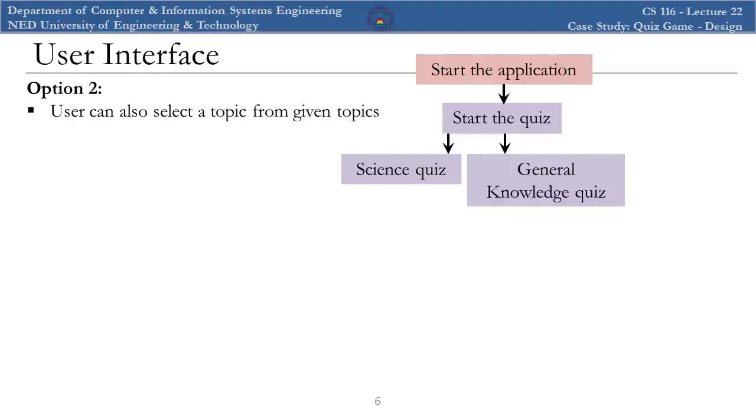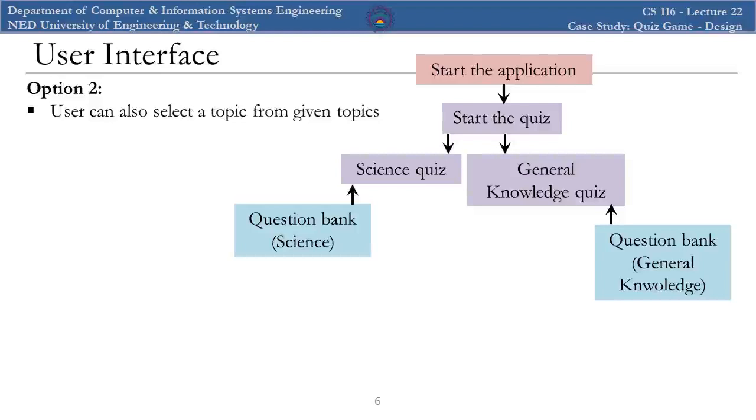Now, since here we are making two types of quizzes, that means we need to make a separate question bank for each. So I can maintain a separate question bank for science quizzes, and a separate question bank for a general knowledge quiz. And the remaining process stays the same.